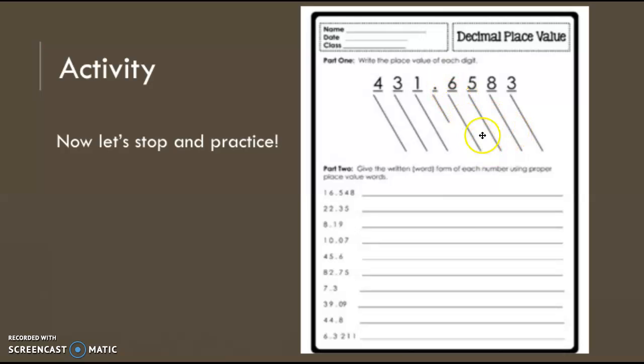Tell me what each place value is here. And down below, you're going to do the same thing, except you're going to write it out yourself with these numbers that are located here. So you're going to give the right form of each number using the proper place value. You're going to have a few minutes to do that, and then we're going to discuss the answers.